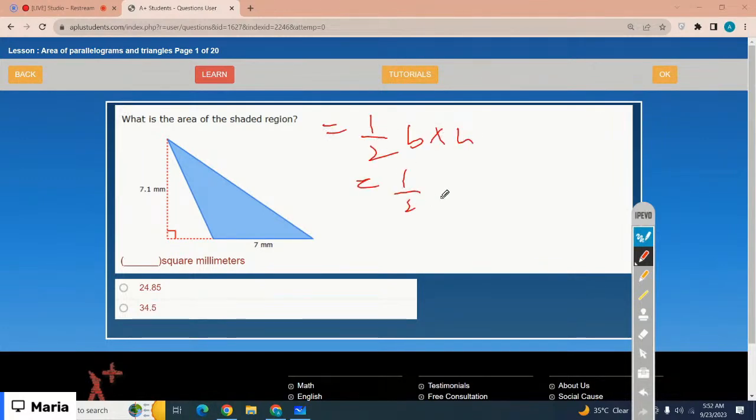So it would be half times base is 7 and height is 7.1, right? So that would be 49 divided by 2. Hold on, let me just see, 24.85, right? Option number 1 is the correct option. 24.85 is the correct option.